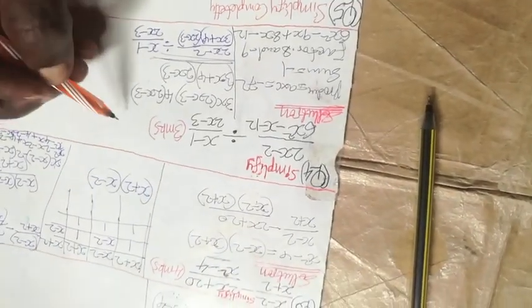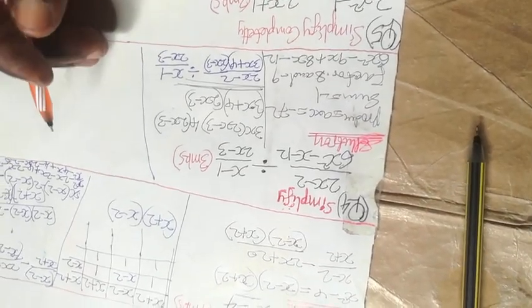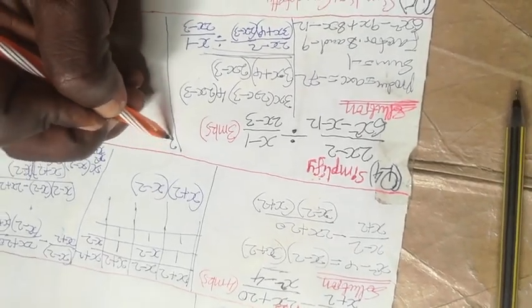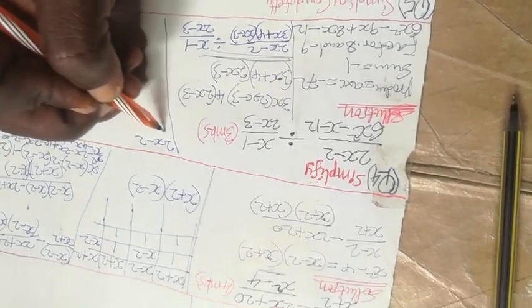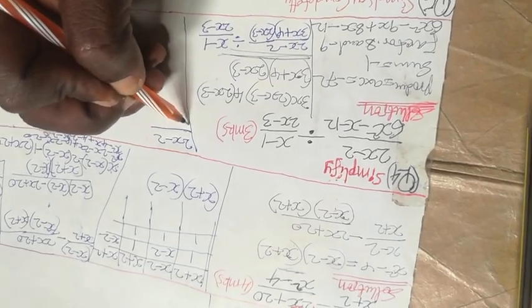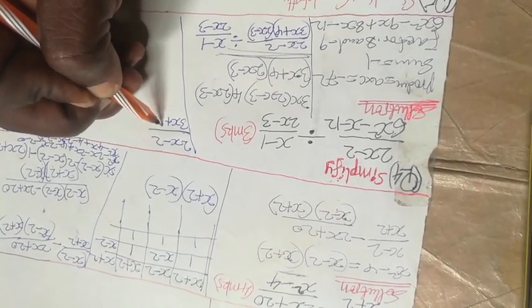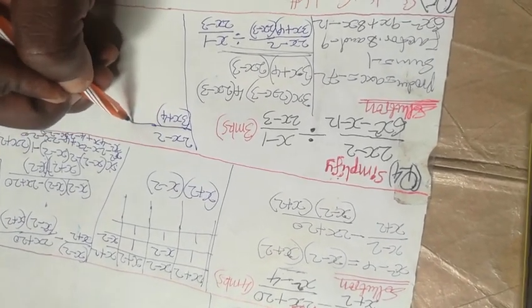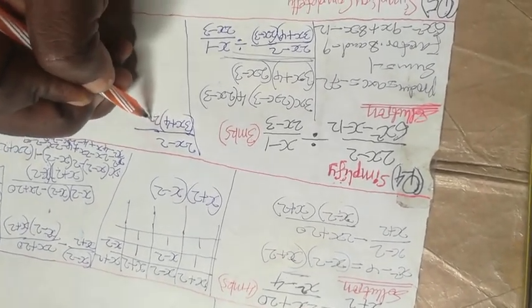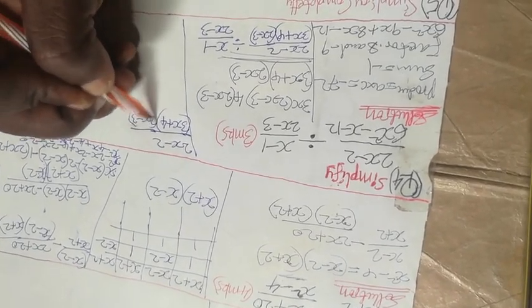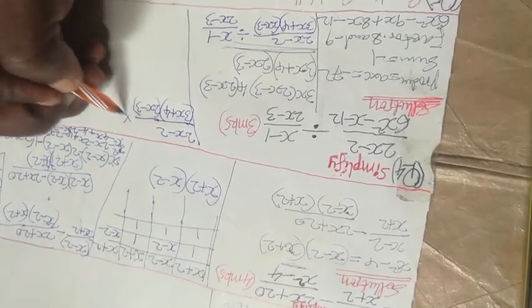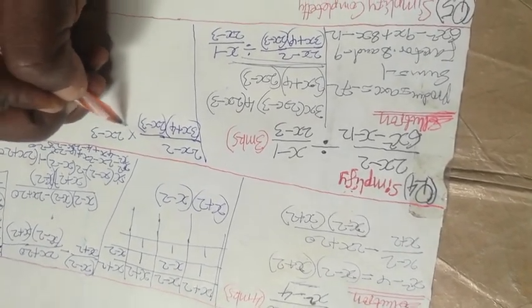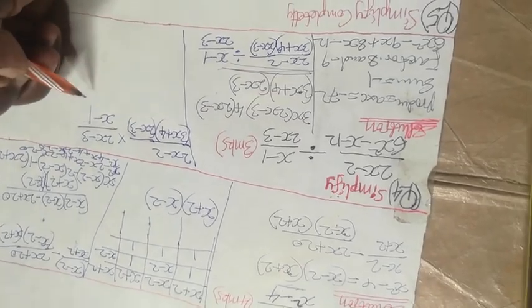Now we say that 2x minus 2 all over 3x plus 4 into brackets 2x minus 3, multiplied by 2x minus 3 divided by x minus 1.